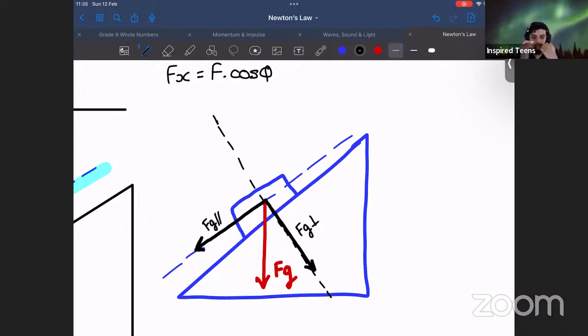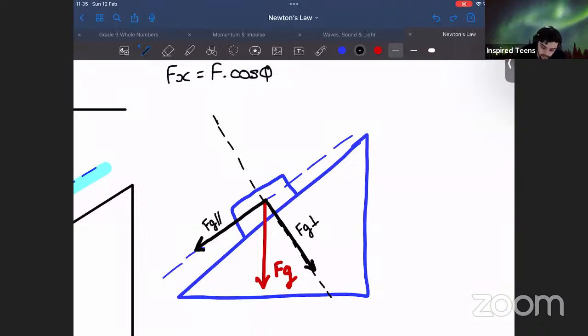Now, why parallel and perpendicular? Again, it's with respect to the surface. The one that's parallel to the surface, I know this is not exactly parallel, but just because my drawing is not perfect, but it should be, that's the one we call FG parallel. The one that's perpendicular to the surface, which is that component, we call FG perpendicular.